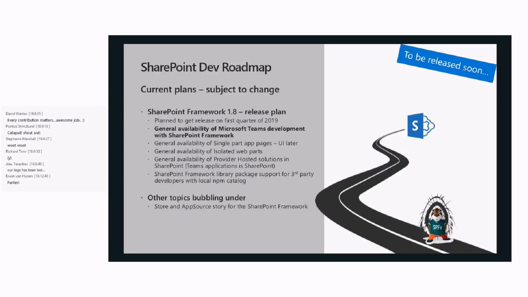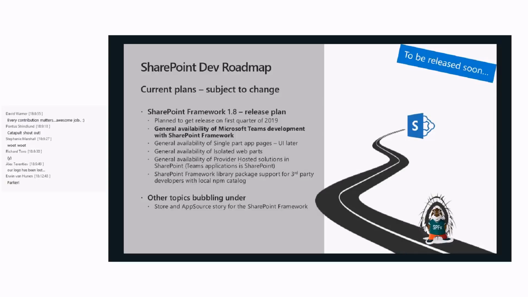First of all, the big thing here is general availability of Microsoft Teams development with SharePoint Framework. So you are able to create Microsoft Teams tabs using the SharePoint Framework experience, including all of the controls and everything else, all of the goodies we have on the SharePoint Framework side. So you can take advantage of that in Microsoft Teams development.